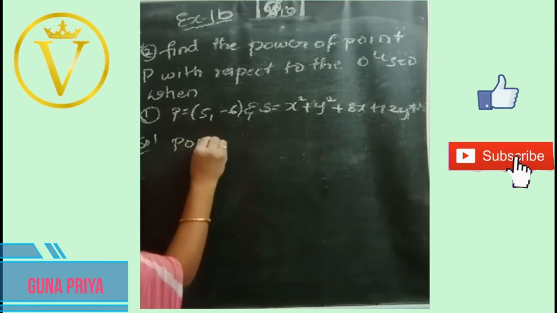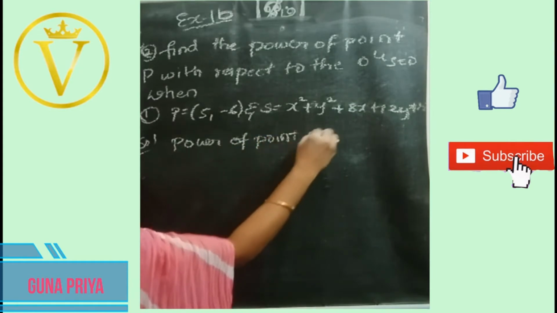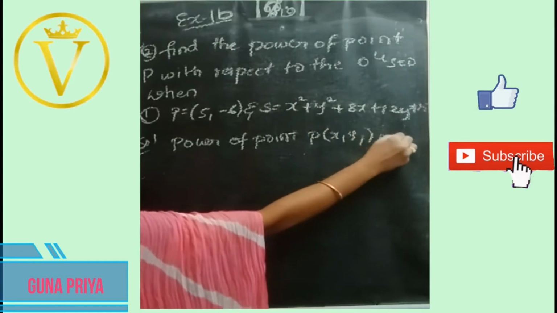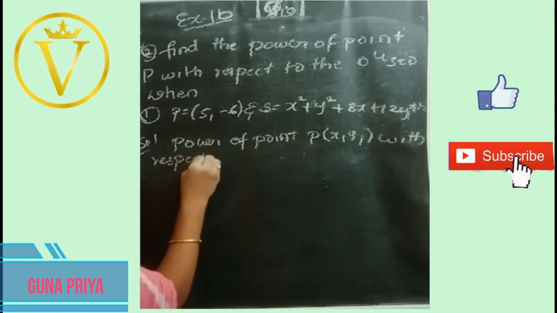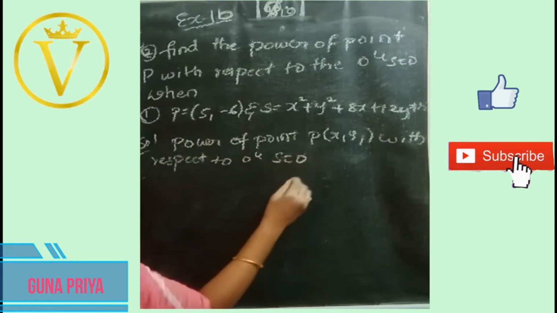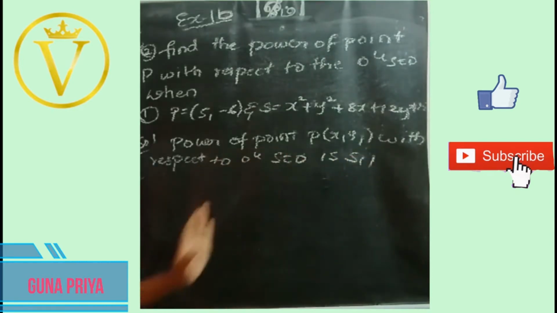The power of point P(x1, y1) with respect to circle S equals 0 is S11. So we have to find out the S11 value.